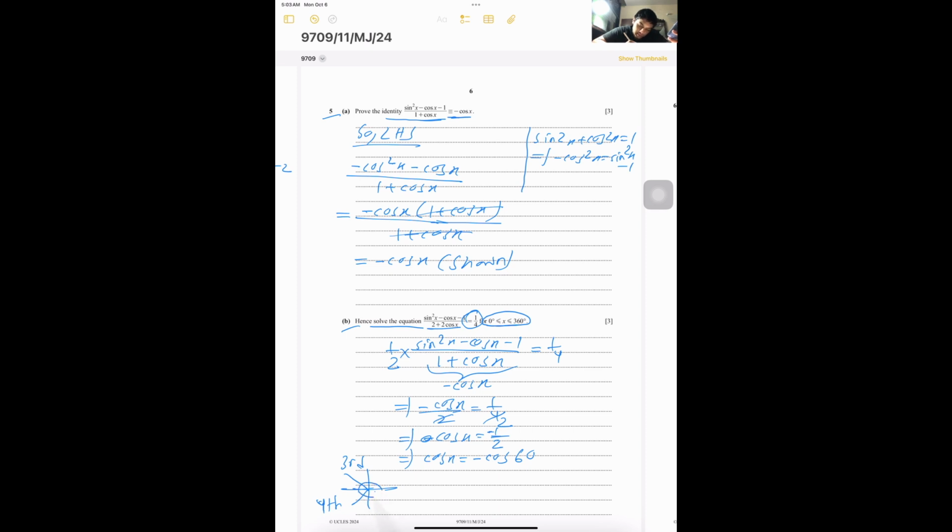So we will do one entire rotation, one point there, one point there. So x equals 180 minus 60 and 180 plus 60. In this quadrant it is 180 minus 60, in this quadrant it is 180 plus 60, so x equals 120 degrees and 240 degrees. So yes, those are the answers.